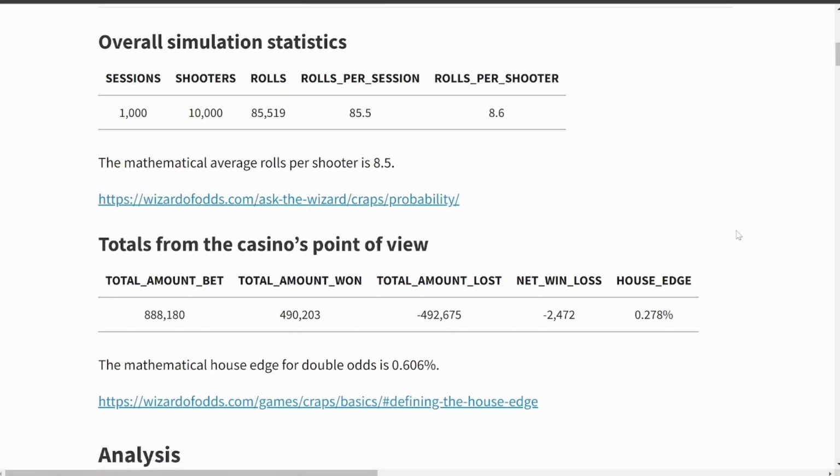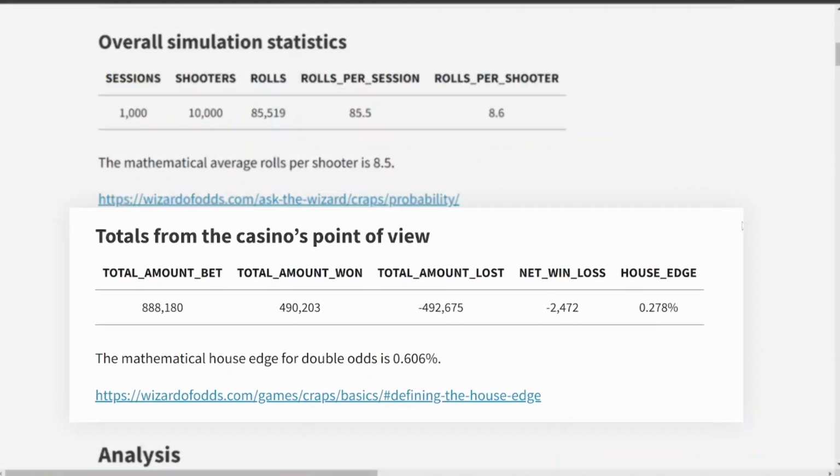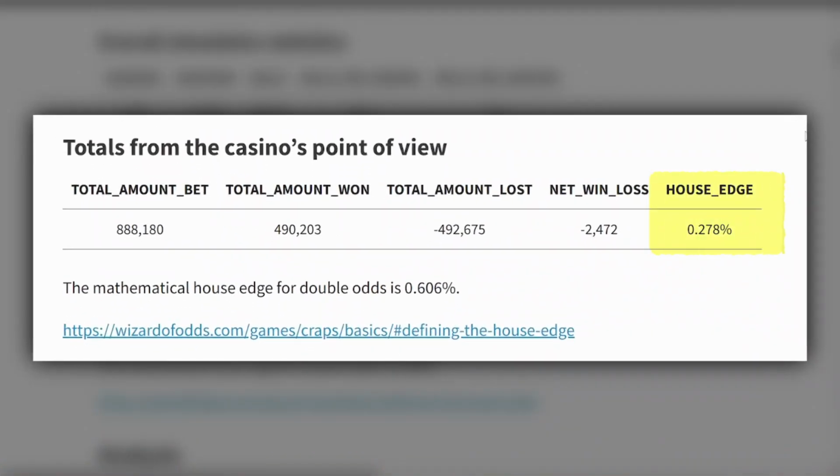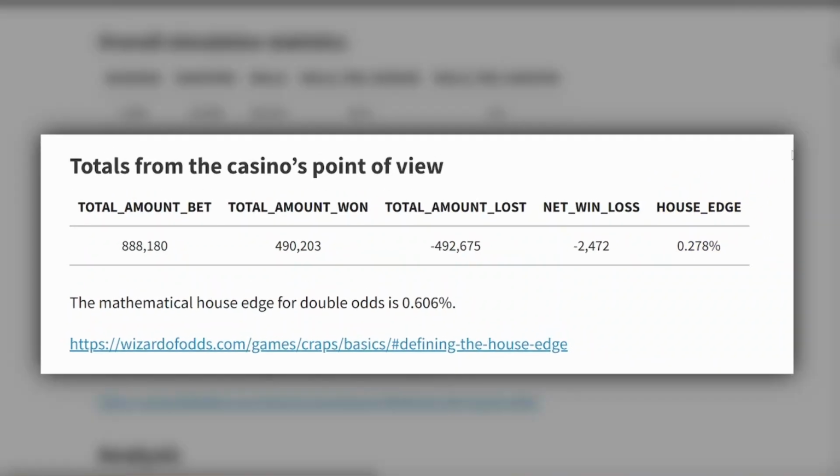Now, what that means is the players in total lost $2,472, and essentially that's what the casino made. Now that equates to a house edge of 0.278%, which is low. It's lower than even the theoretical amount, which is 0.606, and that just goes to show you this game is random. Any individual sessions or even 1,000 sessions are not going to follow the mathematics precisely, and there's always going to be some randomness, and you never know what's going to happen.